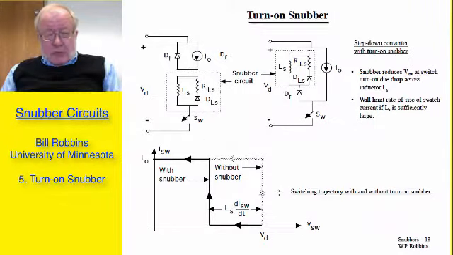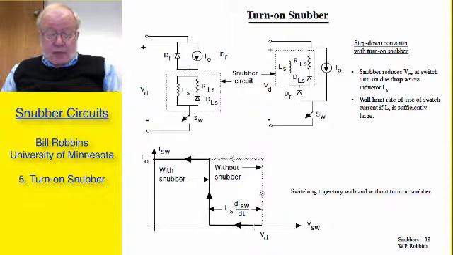The next snubber I'm going to talk about is the turn-on snubber. The turn-on snubber is indicated here in this box. It's the inductor LS, the resistor R sub LS, and the diode D sub LS. And basically the way the turn-on snubber works is something that I talked about earlier, and that is when you are turning the device on, the current is going to have to go through the inductor LS because this diode won't allow it to take that path as you're turning the switch on.